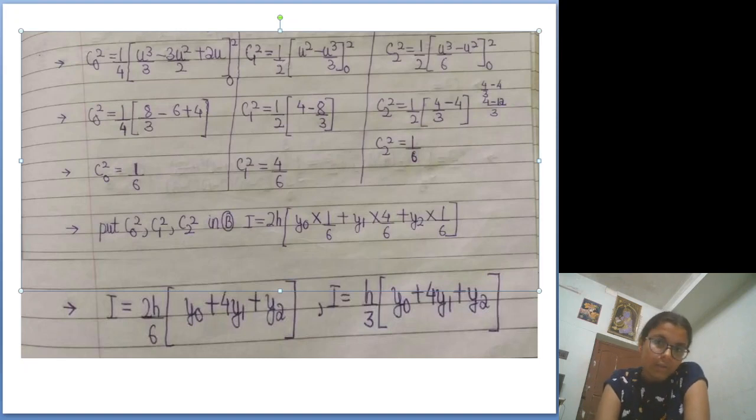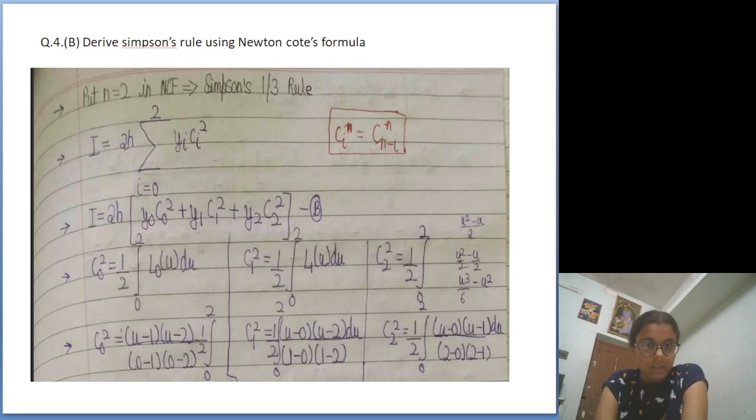And so this is how the whole combination would work, which gives C20 is equal to 1/6, C21 is equal to 4/6, and C22 is equal to 1/6. Putting all the values in the first equation that we have seen here, C20, C21, C22, the whole thing that we have generated is now used in this formula.